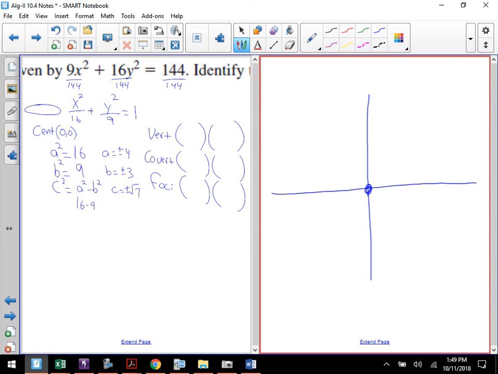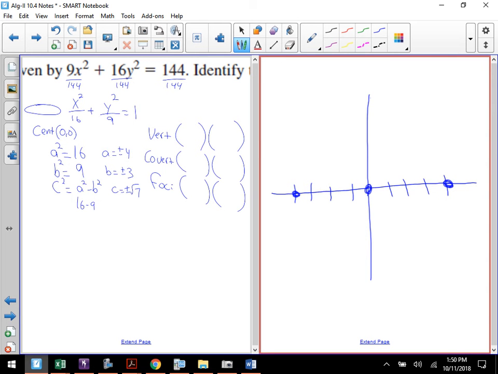A represents the distance between what 2 things? Center to the vertex. Since this thing is stretched left and right, which direction do your vertices go? Left and right. So I just got to count off how far. Those are my vertices then.